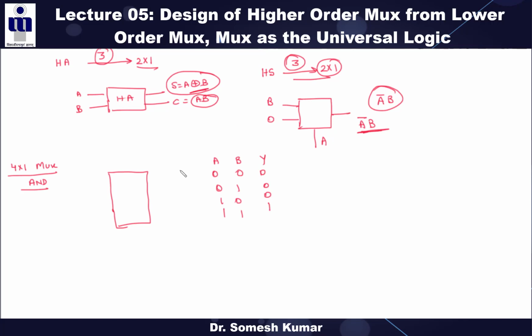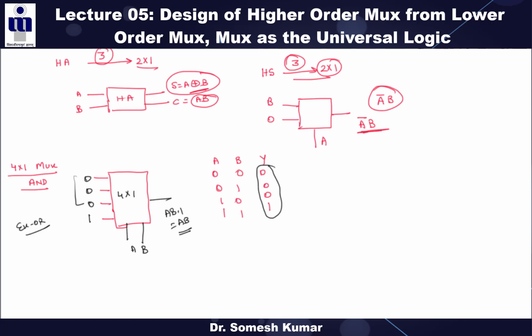In the 4:1 mux, there are 4 inputs and 2 select lines. You have to design the AND gate using this 4:1 mux. So these act as all the inputs, and the select lines are A and B. If we take the first 3 terms as 0 and the last, AB, as 1, this is nothing but the AND gate. Similarly, in the same way you can design the XOR gate.